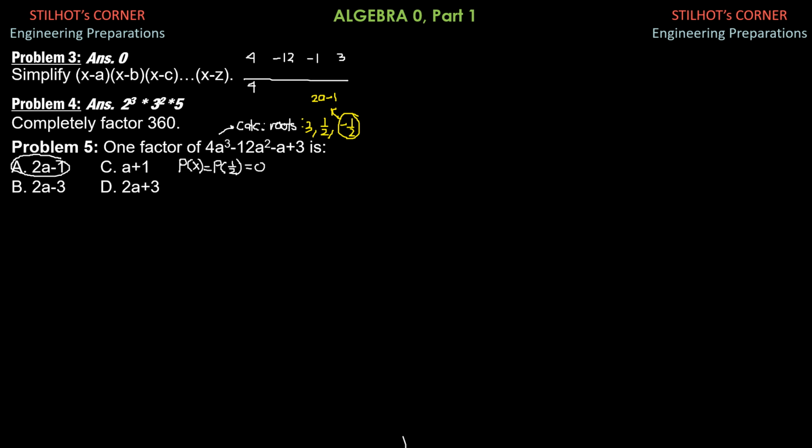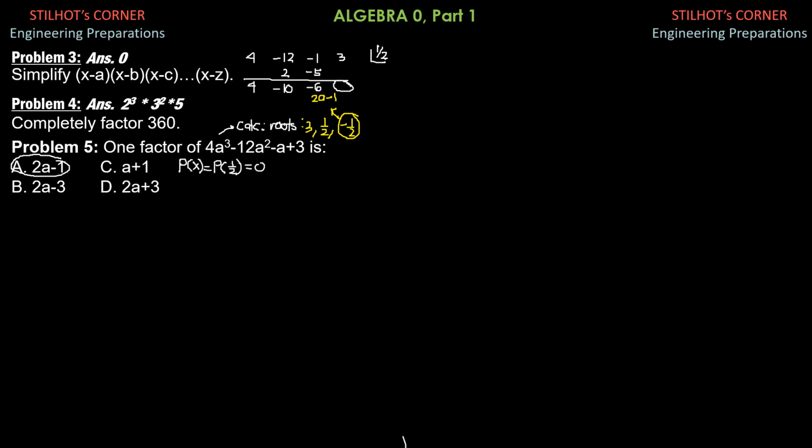If the last value is 0, that means the assigned value is a root of this polynomial. If we try 1/2: 4 times 1/2 is 2, and negative 12 plus 2 is negative 10. 1/2 times negative 10 is negative 5, and negative 1 plus negative 5 is negative 6.